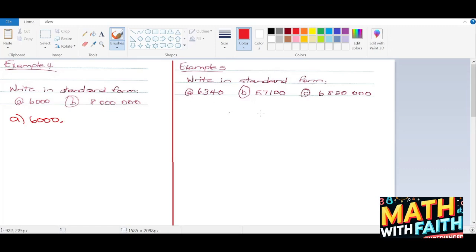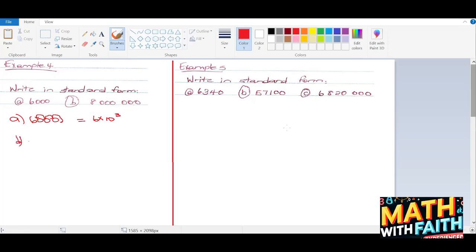So the point is understood to be right here. We have to move this point 1, 2, 3 times to get only one digit before the point. That one digit is 6. So this is the same thing as saying 6 multiplied by 10, and we moved it 3 times, to the power 3. And that's how we express that in standard form.